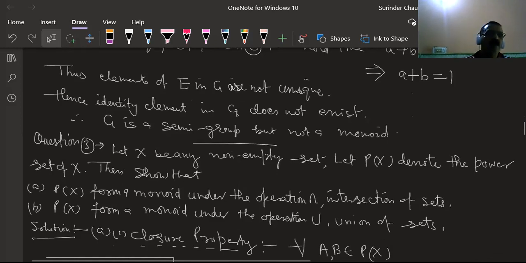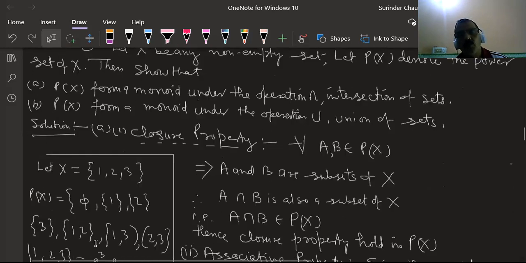Let's discuss another example of sets. Let X be any non-empty set. Let Px denote the power set of X, then show that Px forms a monoid under the operation of intersection of sets, and Px forms a monoid under the operation of union of sets.